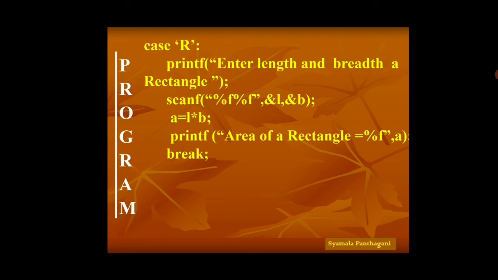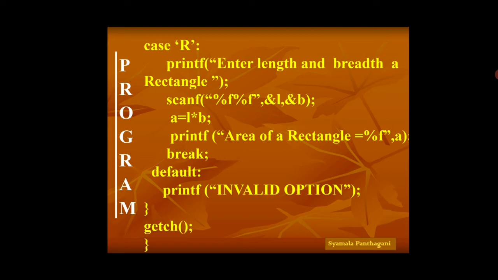Suppose the end user did not enter any of these three letters, the compiler just comes to the default case, that is printf invalid option. Closed braces, getch, again closed braces for the main method.